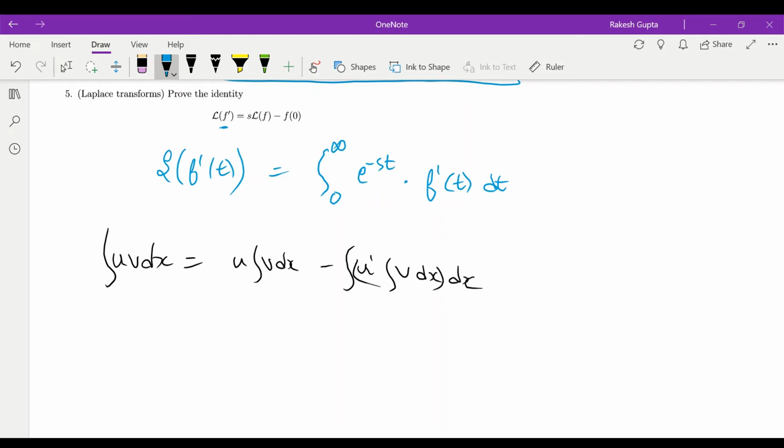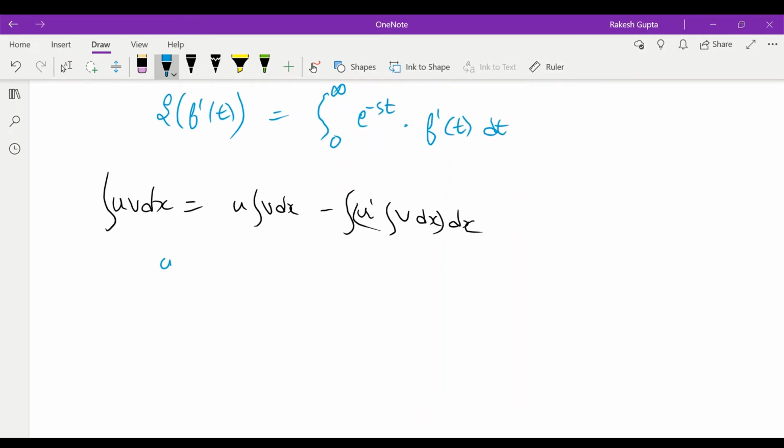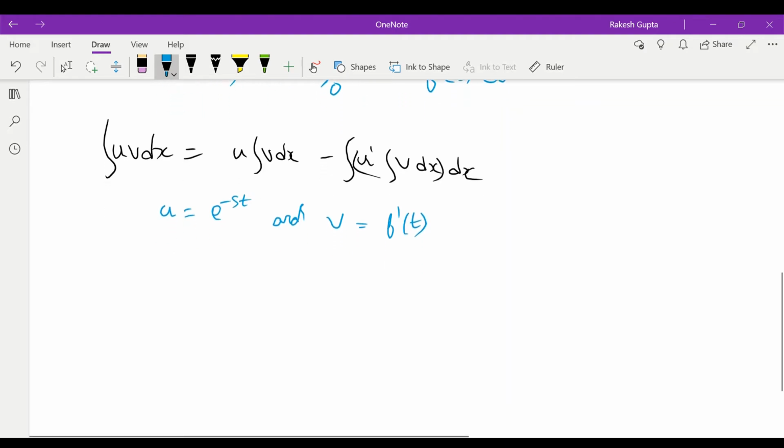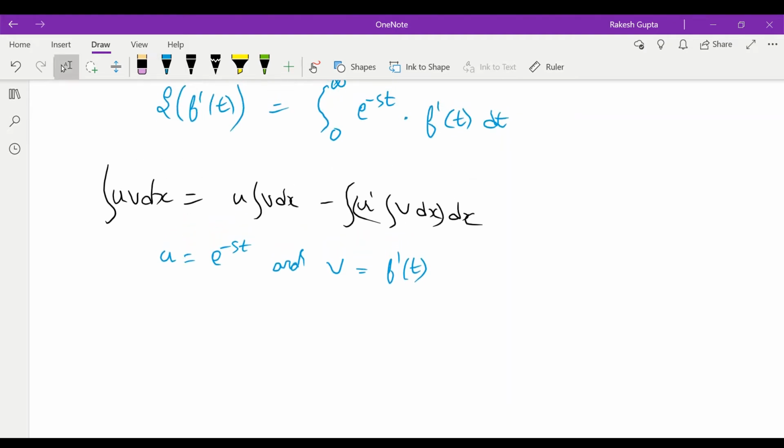Now when we use integration by parts, we will assign u as e power minus st and v as f, sorry, f dash of t. Now when we solve further, we'll get u is e power minus st and the integral of f dash t is f of t.